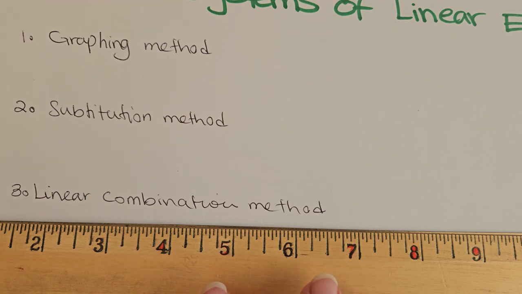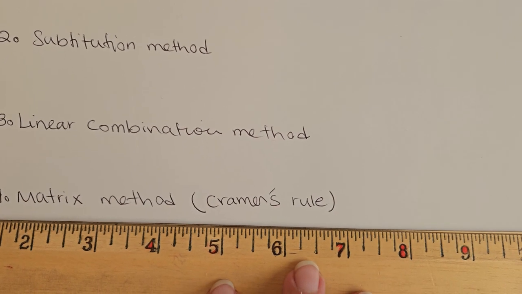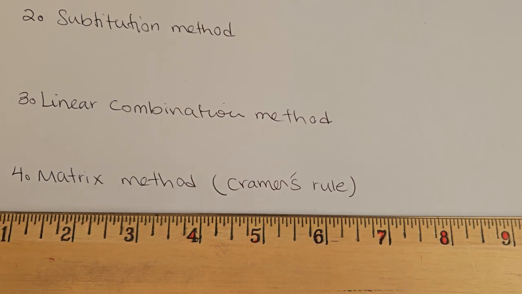The fourth method, which has a separate chapter, is the matrix method or Cramer's rule, which is relatively easy. And remember, the answer you get through any of these methods will be exactly the same.